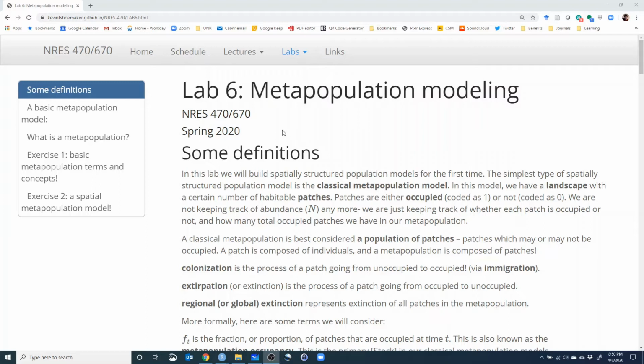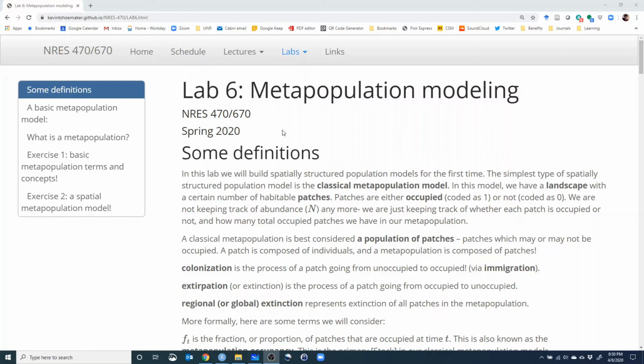We're not thinking about individual animals. What we're thinking about is patches. Patches are the basic unit of a metapopulation model. We have a bunch of patches on a landscape. These are just potentially habitable units of space that may or may not have the species of interest actually occupying a patch. So patches are either occupied or unoccupied.